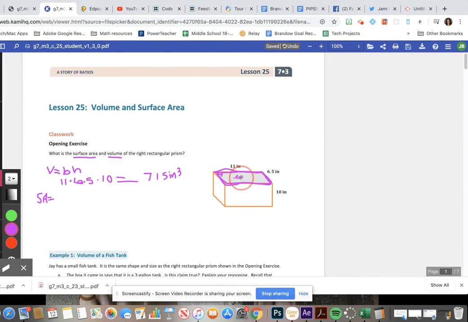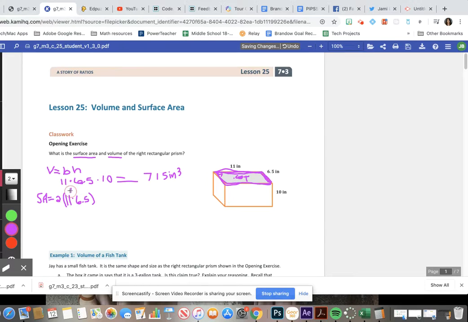So like this top and bottom are going to be the same area. So the top is 11 times the 6.5, and I can take that whole thing times 2 because there's 2 of those.